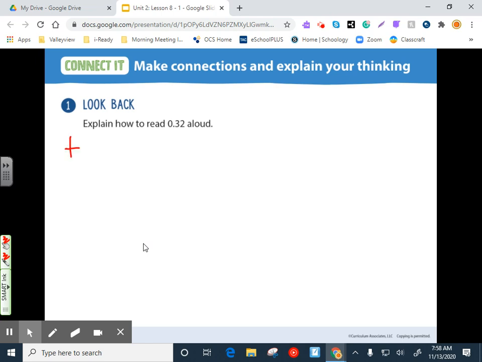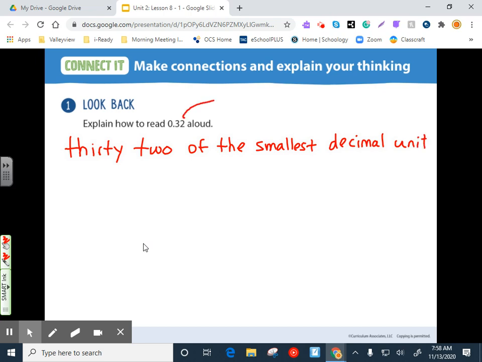Basically, it's 32 of the smallest decimal unit, which again is this, that's the hundredths place. That's where it's going to get its name. That's the smallest right there. Okay, let's look at 2.